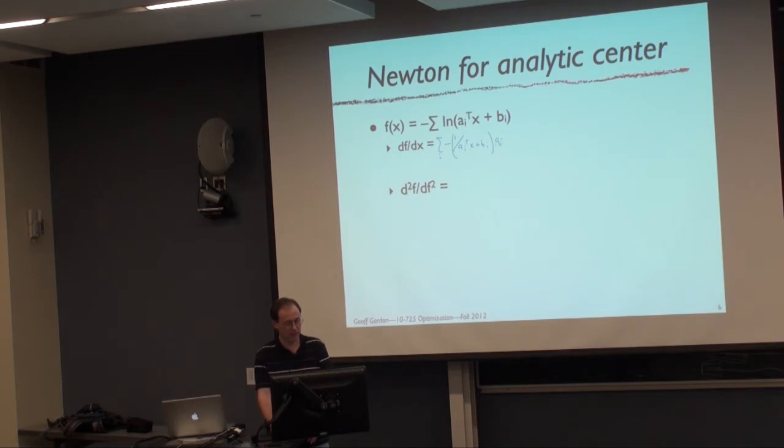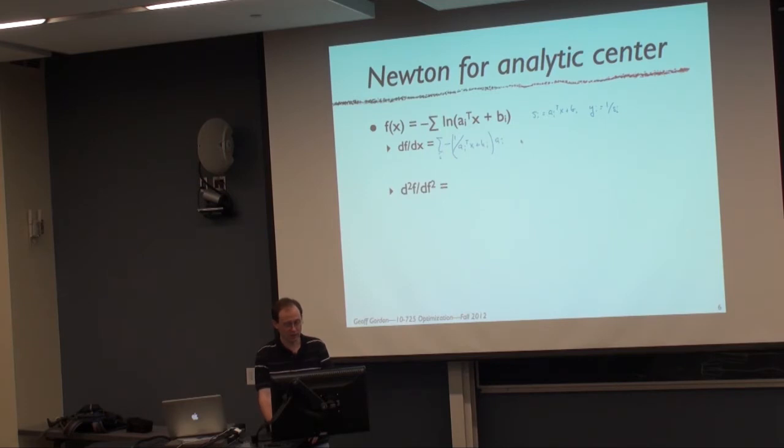And so if you look at this, this is a bunch of vectors, each of which is getting multiplied by a scalar, summed and added together, right? So if we define s_i equals a_i transpose x plus b_i, and if we define y_i equals 1 over s_i, then this here is y_i, right?